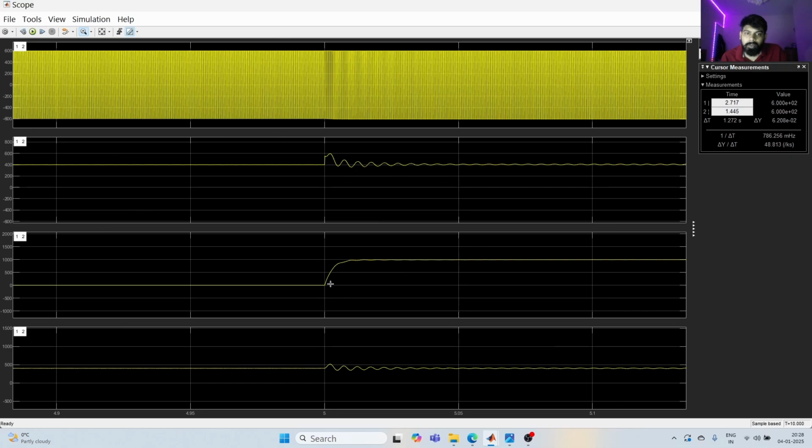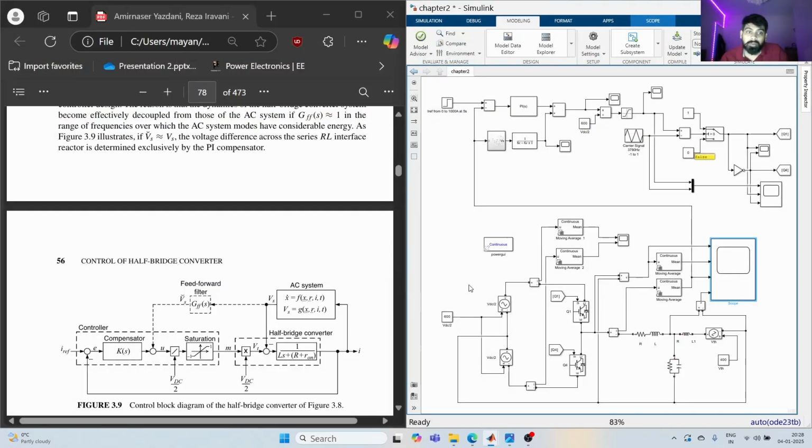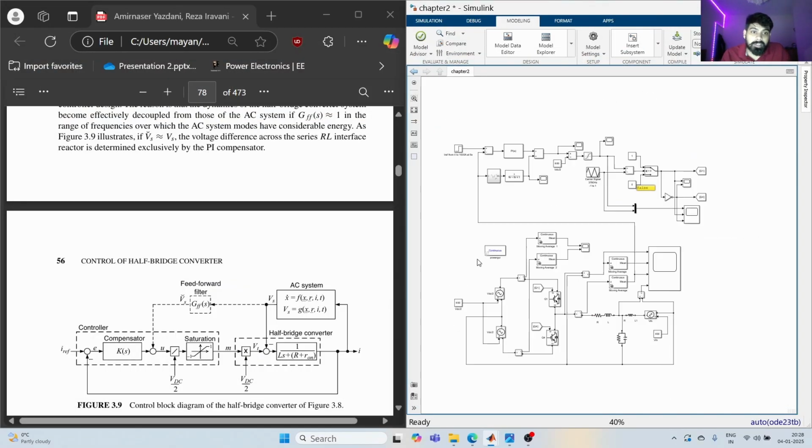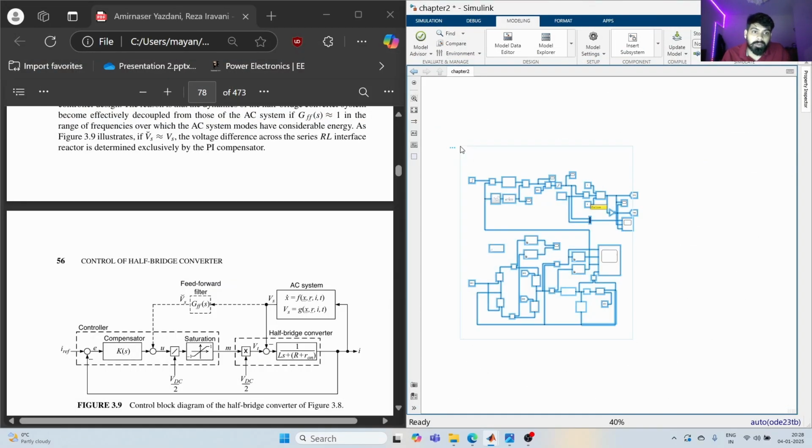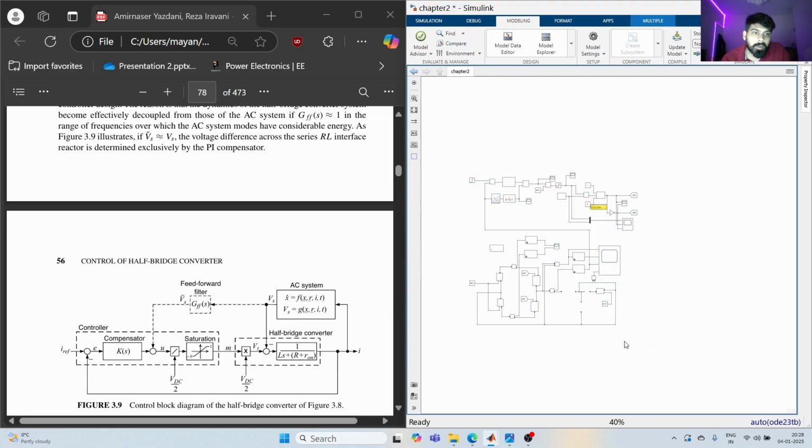Yeah, so basically that filter again improves our transient, the transient of the step change. It has significantly improved from what we had before, right? We can see it again. What we can do is just copy this, paste it here.